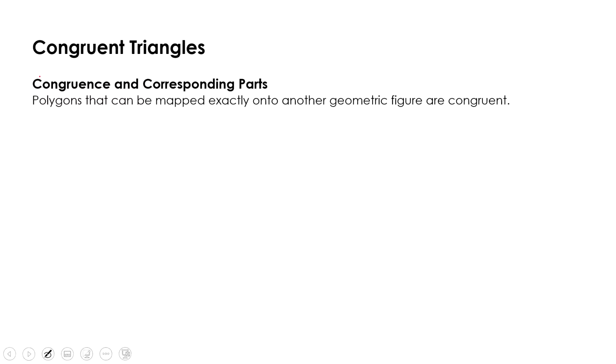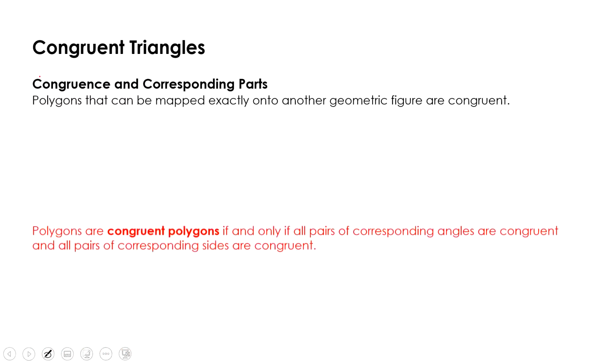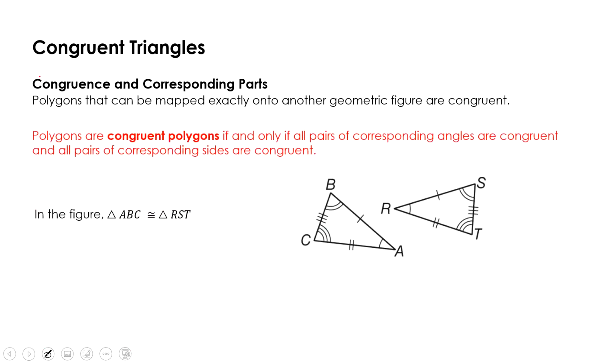That's what they're talking about when they're talking about mapped. We did an activity in Desmos, moving the L shapes onto the other L shapes with reflections. Can we move the one polygon directly on top of the other figure? They're congruent.